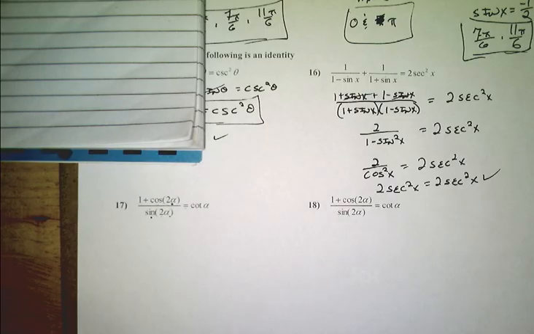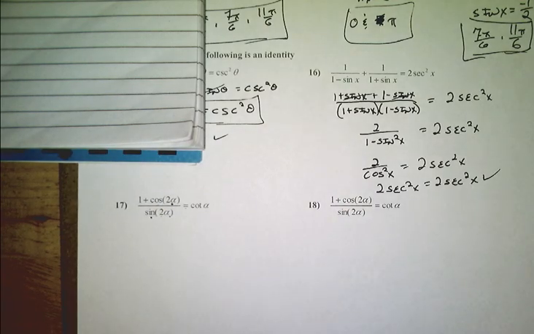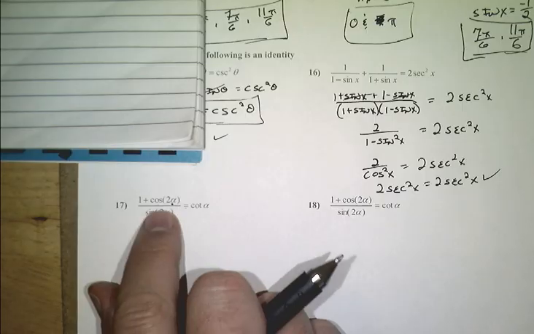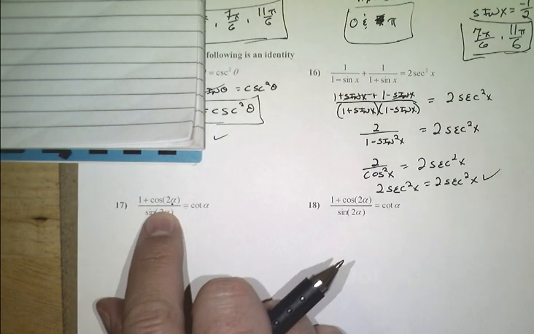So cosine of 2 theta, is that the one that has more than one option? Sorry, cosine, I believe, is the one that has multiple options, because you can square them and then use some other stuff.